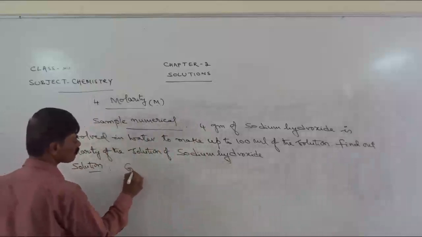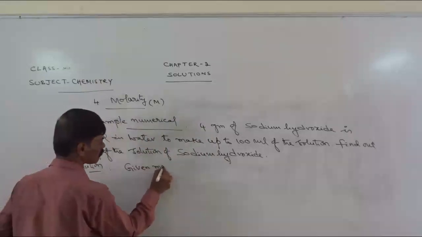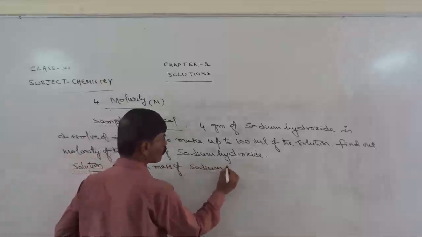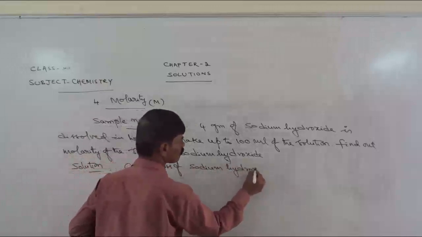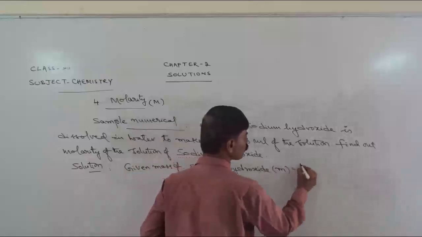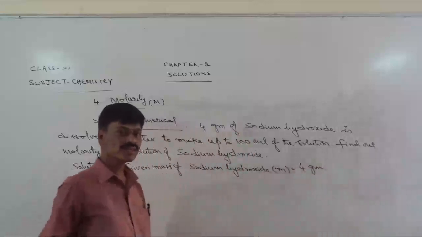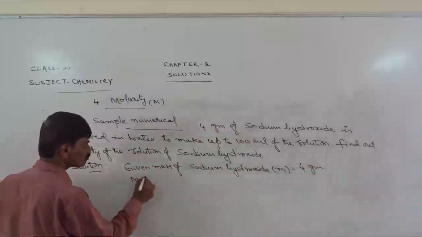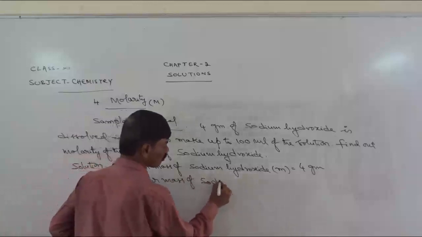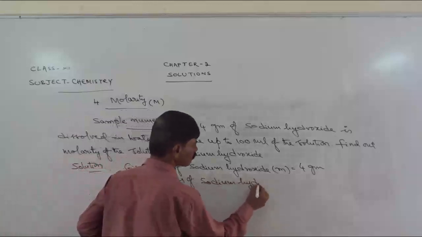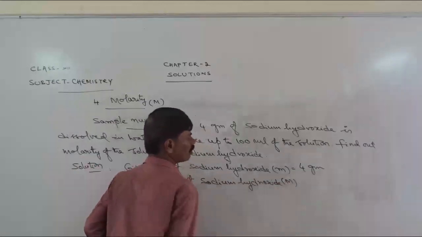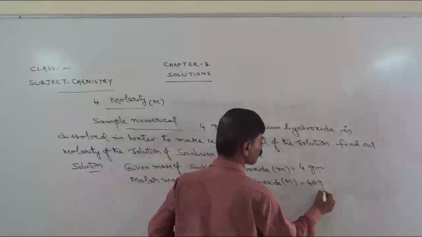Given mass of sodium hydroxide, that is small m, is equal to 4 grams. Next, molar mass of sodium hydroxide, that is capital M, is equal to 40 grams.